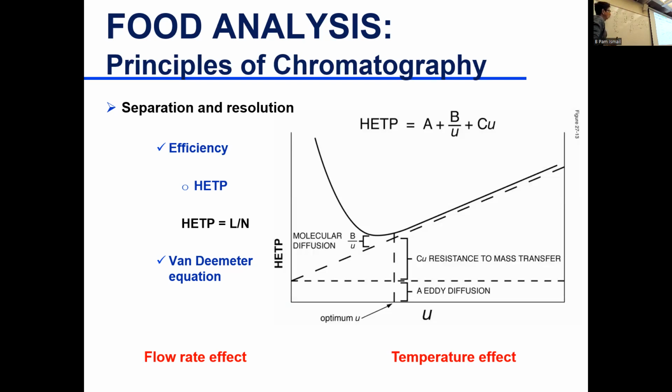Okay, so this is the one that is going to change over time, is going to increase over time when I lose efficiency. If this height equivalent of a theoretical plate is increasing over time, I'm losing efficiency. And I think Gary did mention the height equivalent of a theoretical plate from a GC perspective.